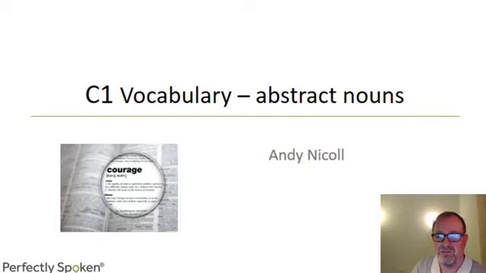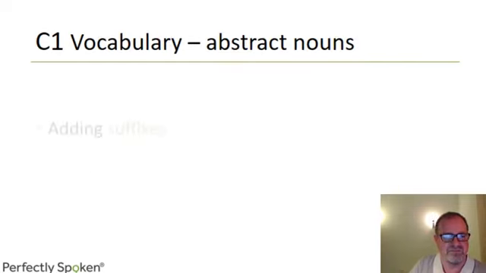In the next lesson, this is lesson 9, we're going to be looking at abstract nouns. Abstract nouns such as freedom, happiness, etc. So we're looking at suffixes. Freedom, dom, is a typical abstract noun ending.